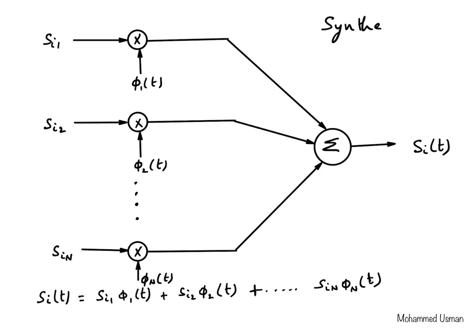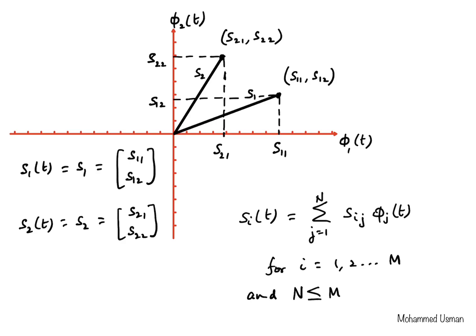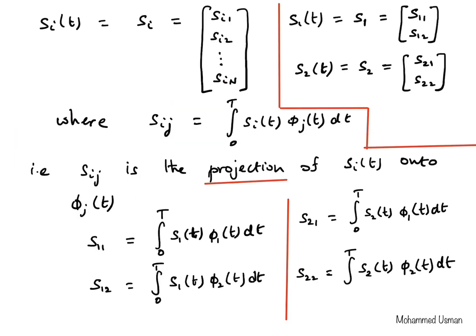So we call this a synthesizer. Okay, and just as we have the synthesizer, we can do the reverse process of breaking up the signal. If we have the signal Si of t as our input, how do we get back these elements of the vector, the vector elements Si1, Si2, and so on?